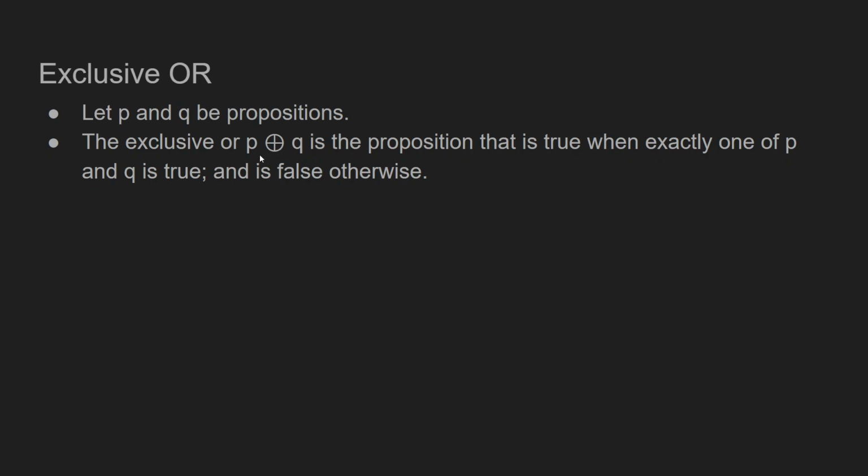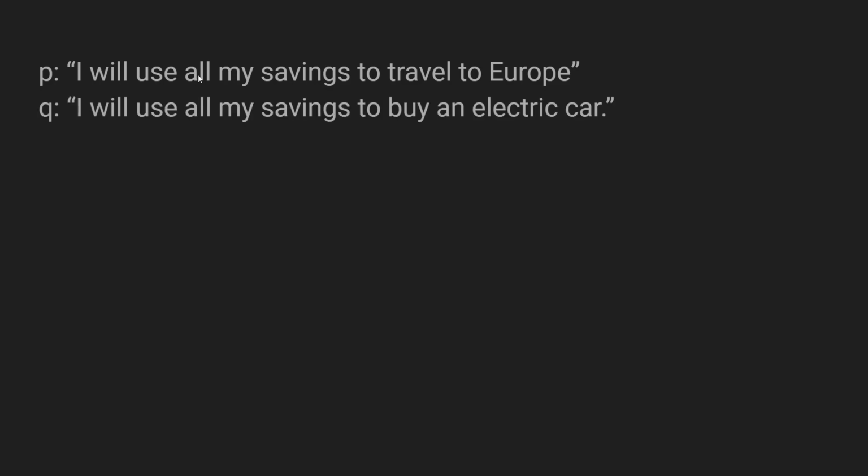And you can remember this very easily. What is exclusive OR? Alright. P: I will use all my savings to travel to Europe. Q: I will use all of my savings to buy an electric car.